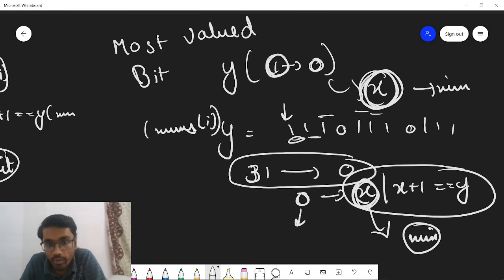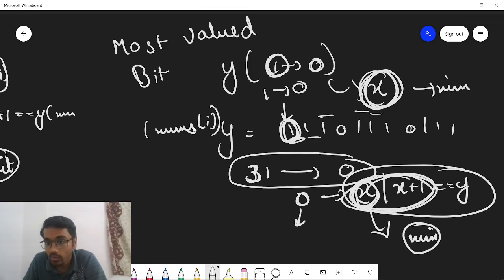So whenever we unset a bit, converting a 1 to 0, and that x value satisfies this condition, that x value is obviously the minimum value, because we are unsetting from the most significant bit.